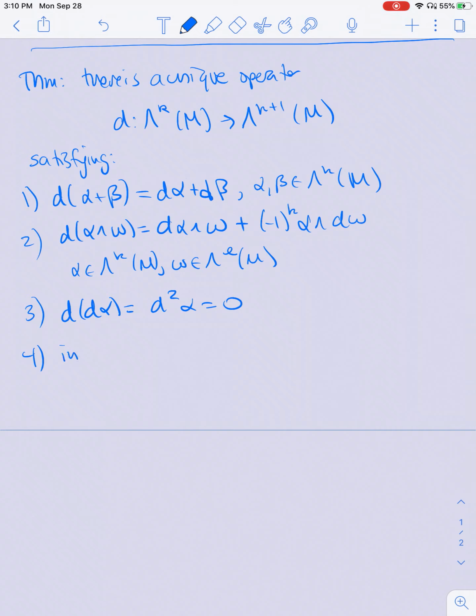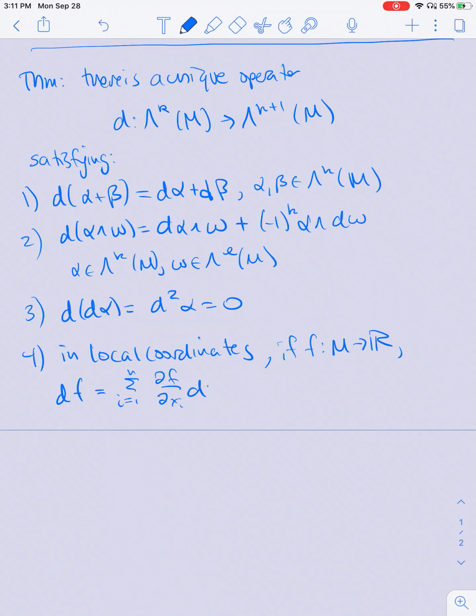And then in local coordinates, if f is a function from M to R, then df equals the sum from i equals 1 to n, where n is the dimension of the manifold, of the partial of f with respect to xi times the one form dxi. So we're going to prove that if such an operator exists, then it is unique and it has to be d. And we'll do that just by finding the formula for d using this method.